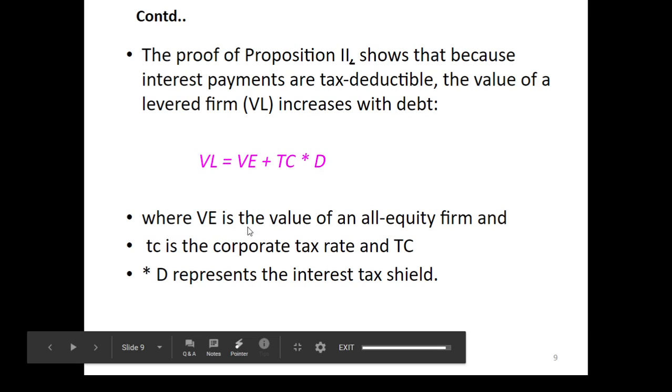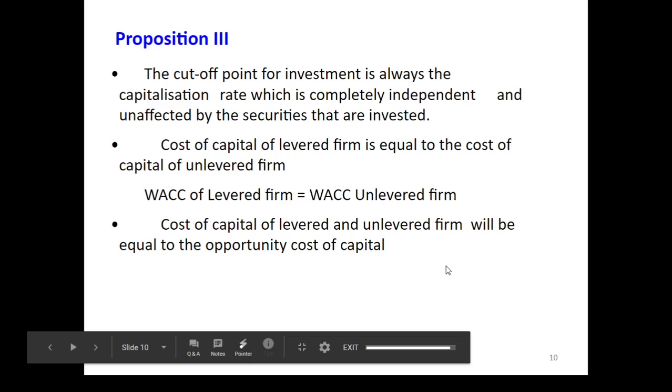Here V is the value of an all equity firm, TC is the corporate tax rate, and D represents the debt, with TC times D being the interest tax shield.